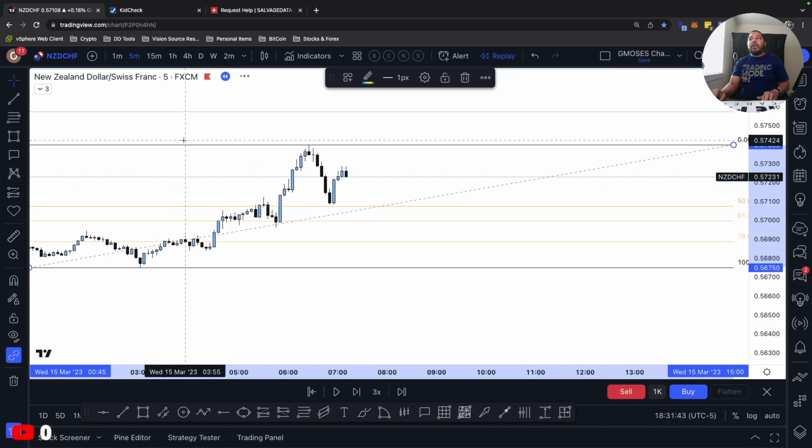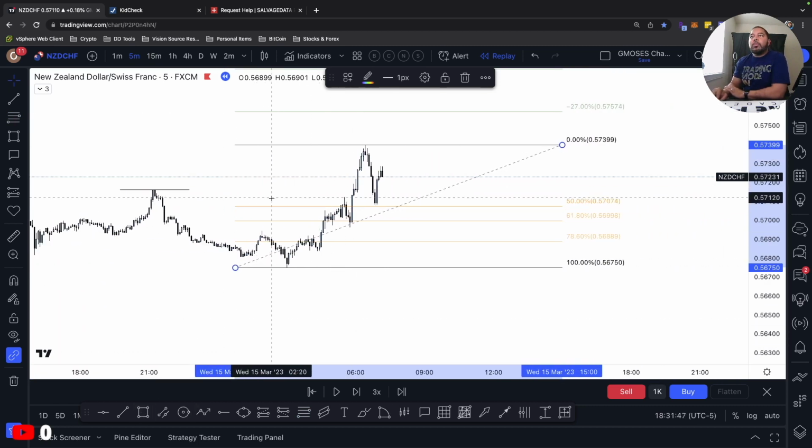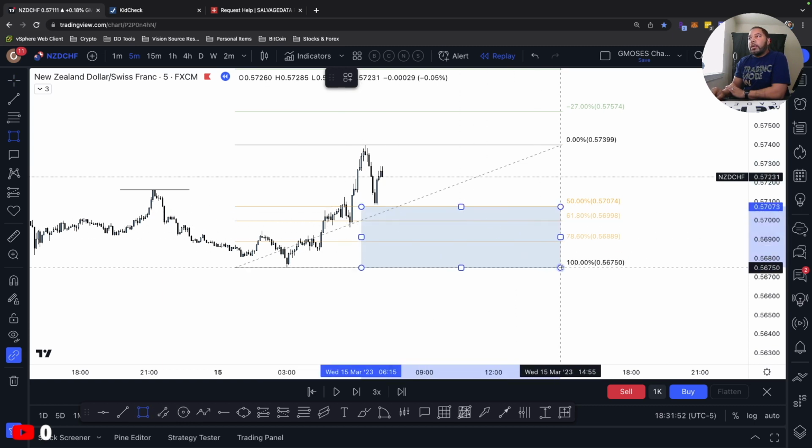All right, drop to the 5 minute. We can see price almost wicked into our golden zone. Golden zone is right in this area here.